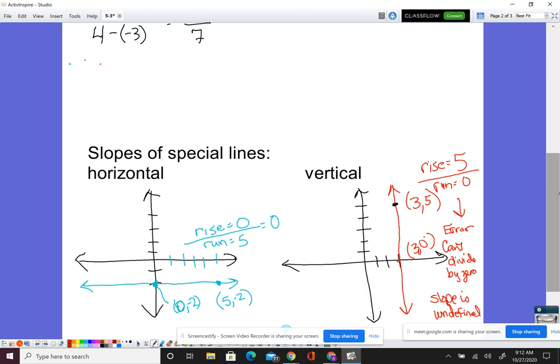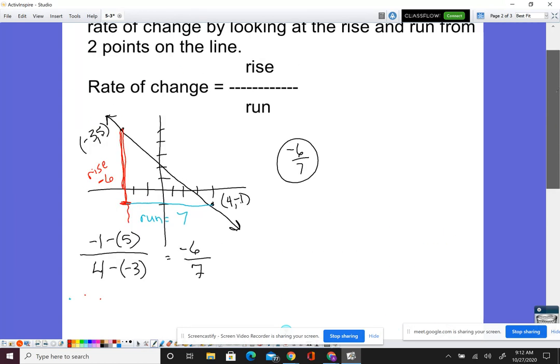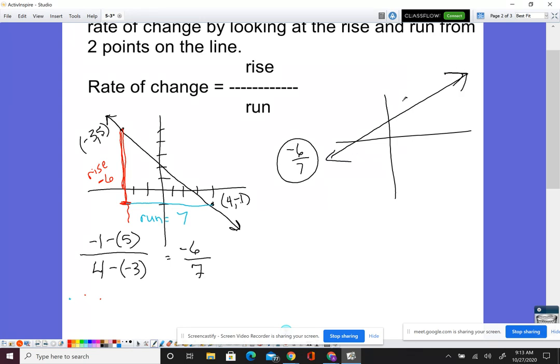When we look at a line, maybe we go back up here and look at a line like this. This slope is going to be positive.